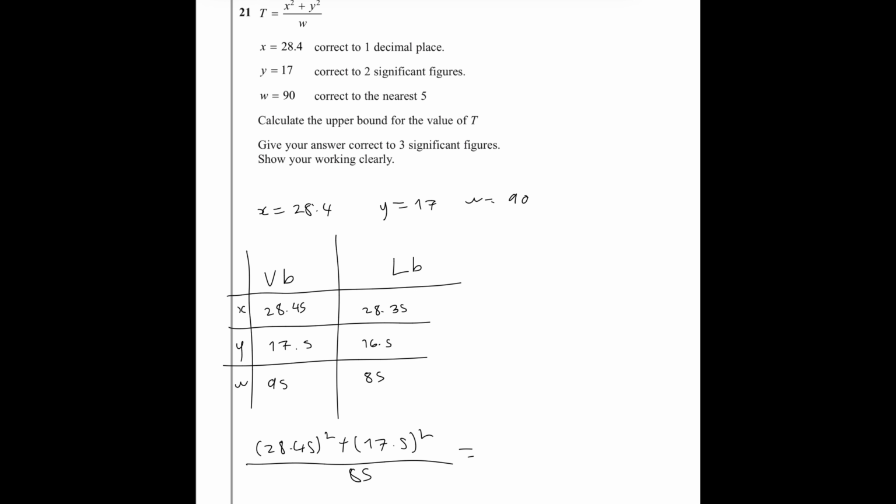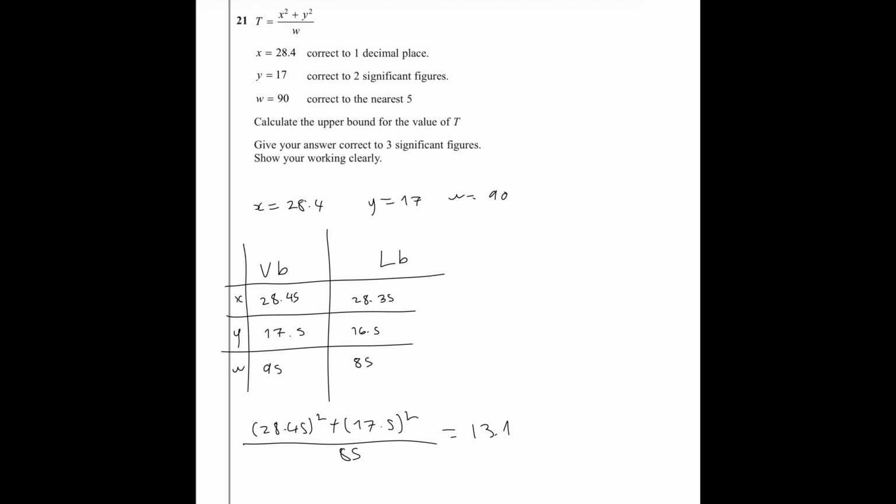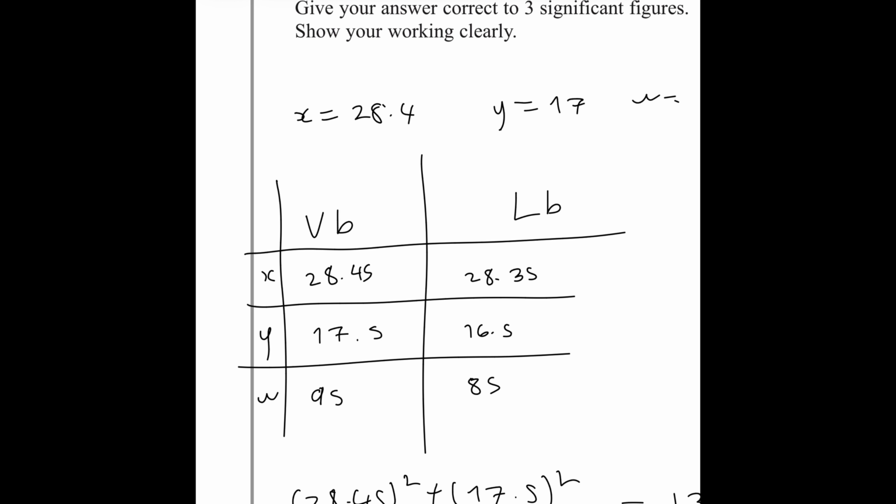You get, let's see, 13.1 to the nearest three sig figs. Or not. Oh, sorry, because I did this wrong.